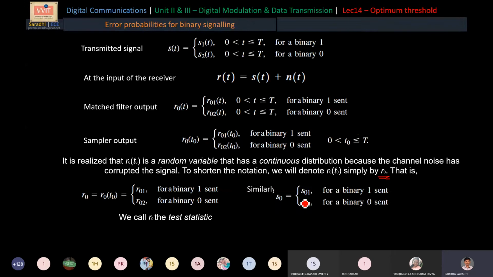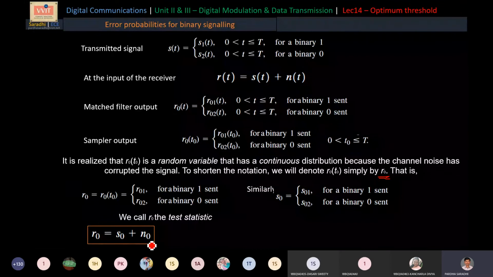Similarly, the output of the transmitter can also be written as S01 and S02. As a result, altogether we can write the test statistic as S0 plus N0, where S0 is the transmitted signal value, S01 or S02. One of them will be taken. N0 is equally affecting both the bits and both the waveforms.